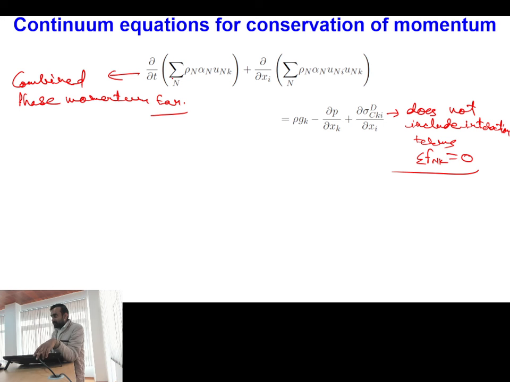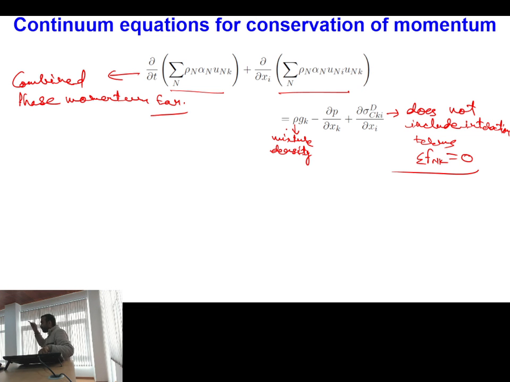So this will be the summation of the first term and second term, which remain as they are, and then you can see in case of rho n gk, now you have rho gk, where this rho is nothing but the mixture density. All are clear with this idea? So in place of rho n gk, now we have rho gk, because the summation of rho n into alpha n has become rho.